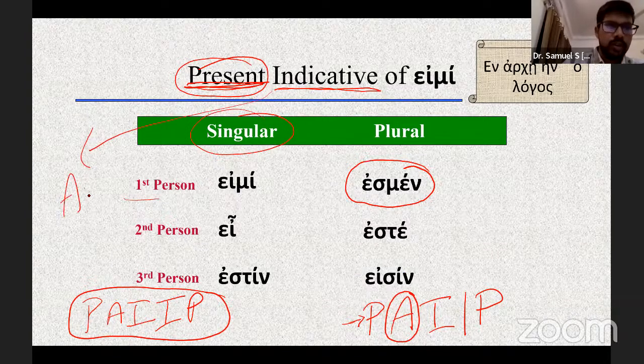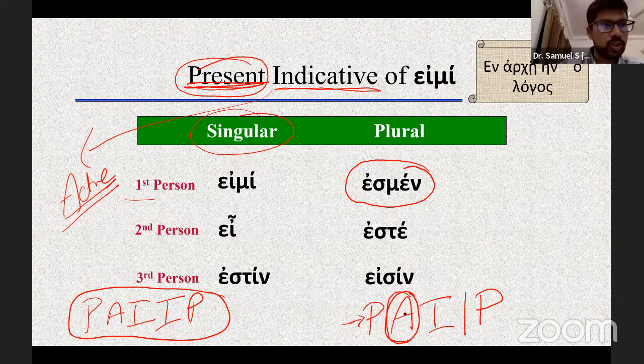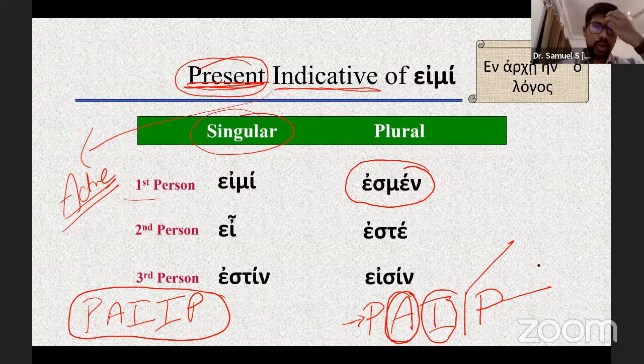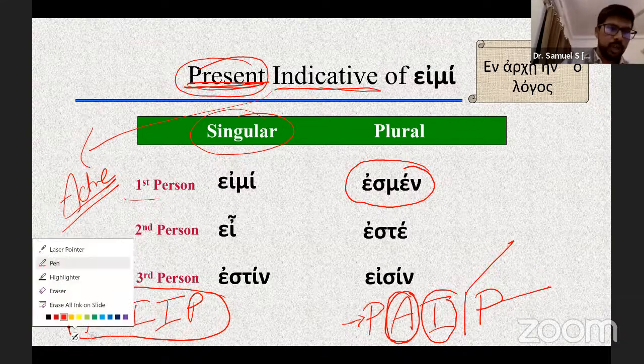So we say tense form followed by the voice, present active, and then the mood. What mood it is in. It's in the indicative mood. And then the person, first person, second person, third person, and then the number, singular or plural. That should be our pattern.